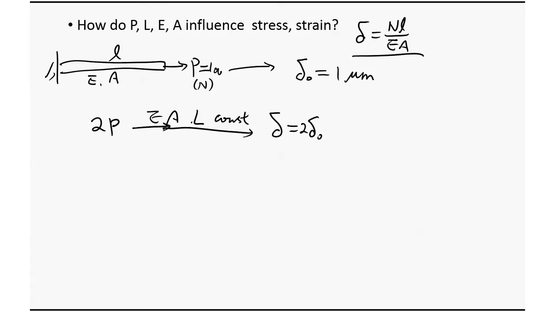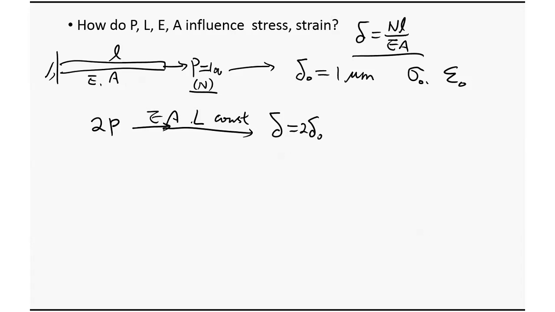Now when I apply load P, I have a stress and a strain I can calculate. Load P divided by area, you get stress. And the elongation divided by total length, you get the strain. I don't have a calculator, so I don't calculate the actual value. I'm just saying I can determine a stress and a strain, whatever the value.